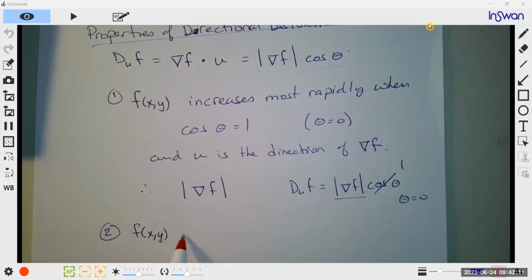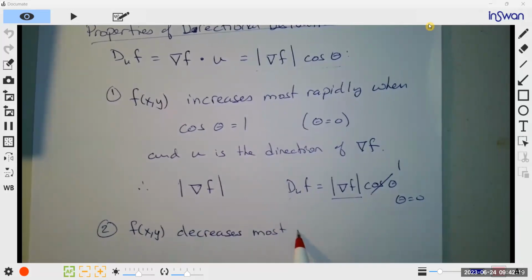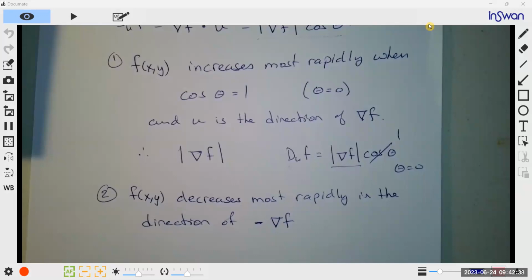F of x, y decreases most rapidly in the direction of negative del f, or when cosine theta equals -1, which is at pi.